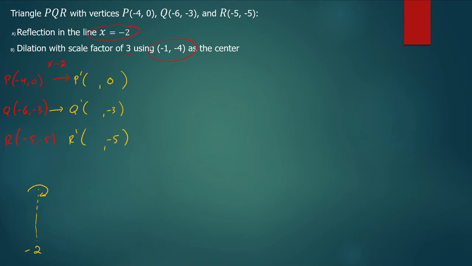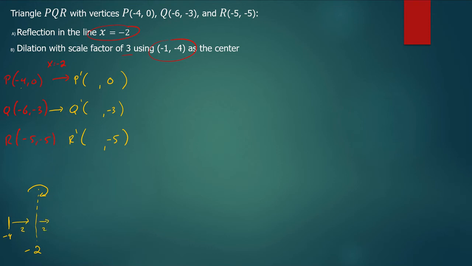Now, as far as the x value, I have to figure out, well, what's the distance? Remember, when we reflect, the coordinates are going to be the exact same distance from your line of reflection, right? So from -4 to -2, that was a difference of 2 units.